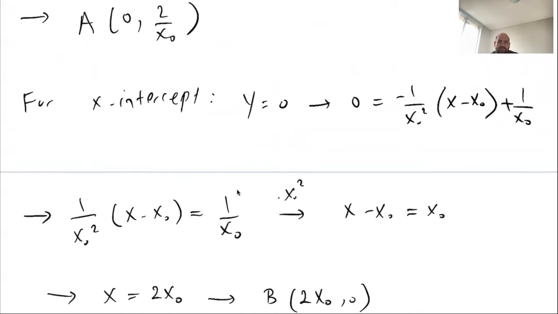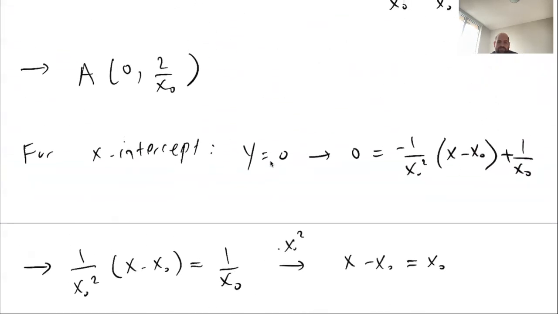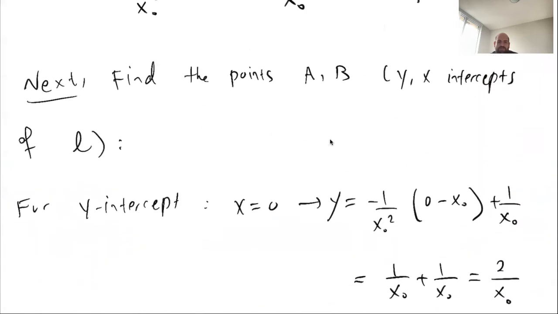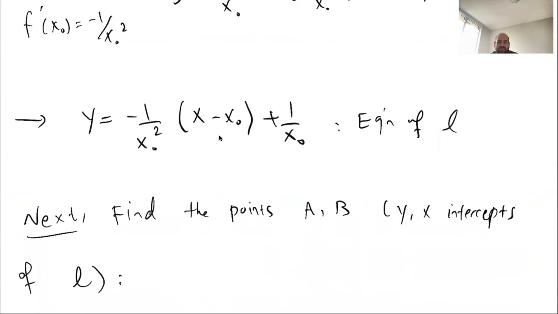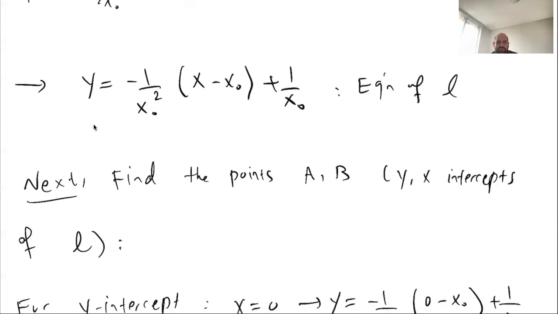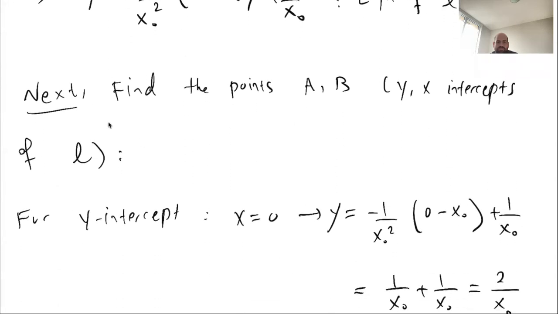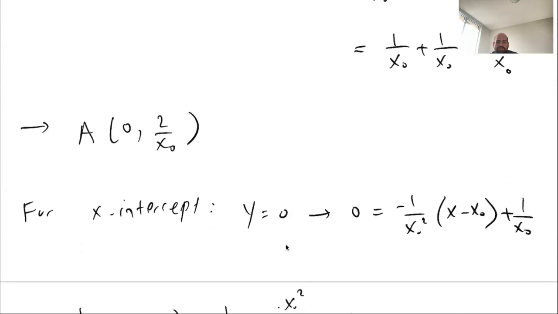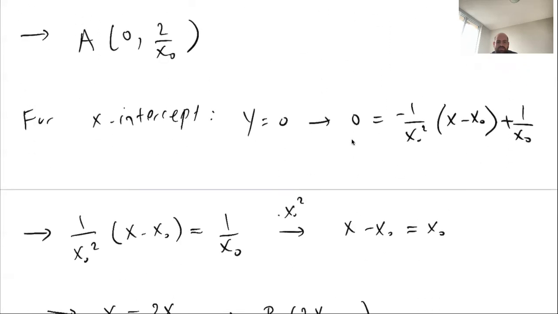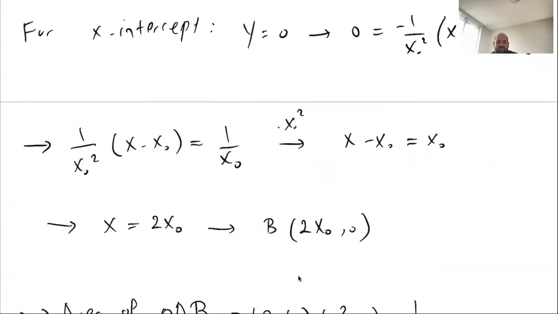Okay, here. For the x-intercept, we replaced y with 0 in the equation of the line. We took this term to the other side and multiplied both sides by x0 squared, and we found the x value.